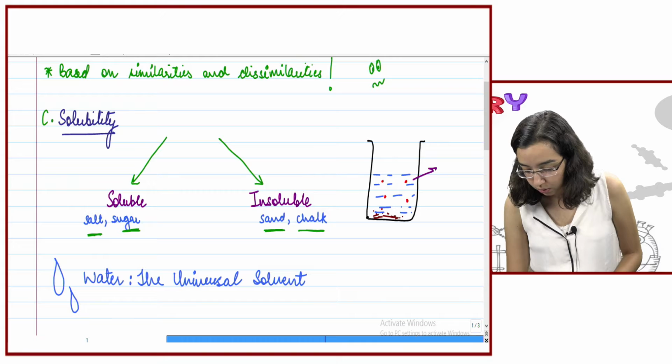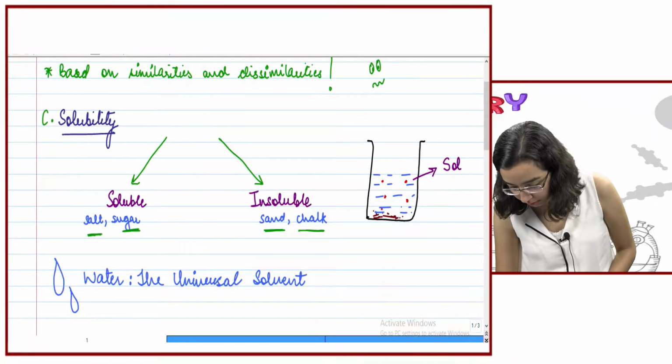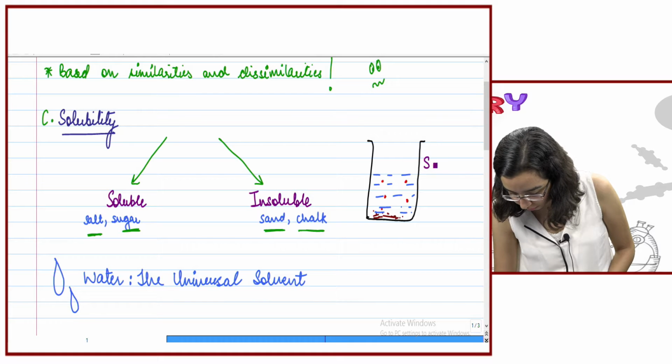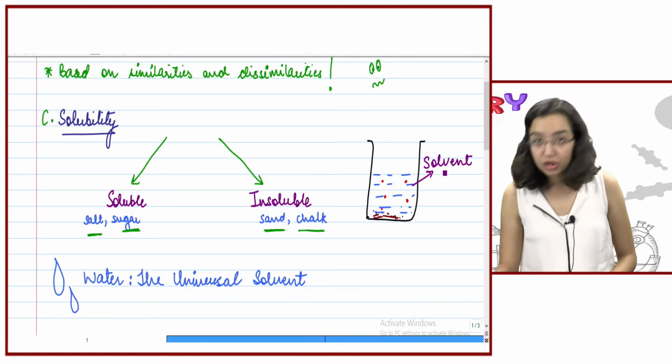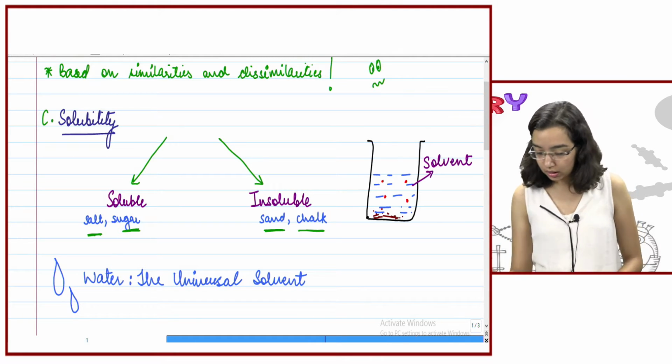The base in which you are dissolving things, like in this case our base is water, is called the solvent. Solvent is the liquid in which you are trying to dissolve something.